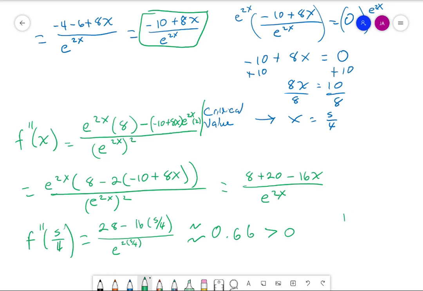And since it's positive, I know that I have a concave up function, and if it's a concave up function at that value, then we know that it is a minimum. And so now I know that our critical value, x equal to 5/4, is at least a relative min.